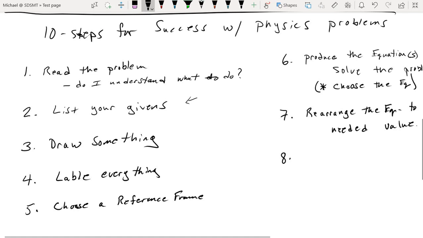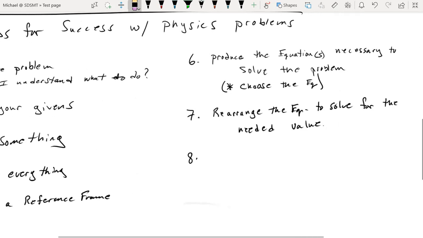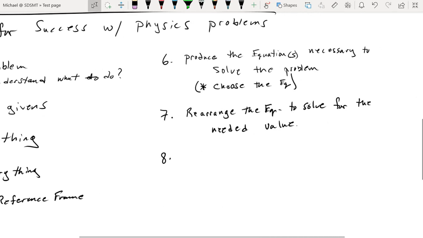If I were to take an equation and plug all the numbers in right away and then have to rearrange things, there's a much better chance that I'm going to make a mistake in the algebra as I rearrange those numbers. But if I leave the equation in general form and then plug in my values after the equation has been rearranged, then I'll have a better chance of reaching the correct solution.